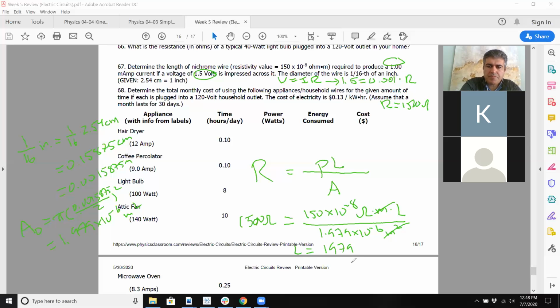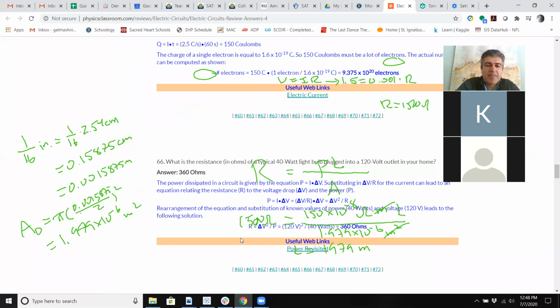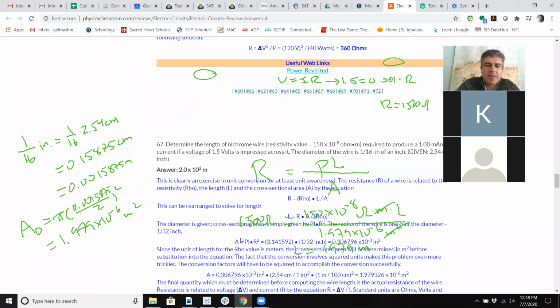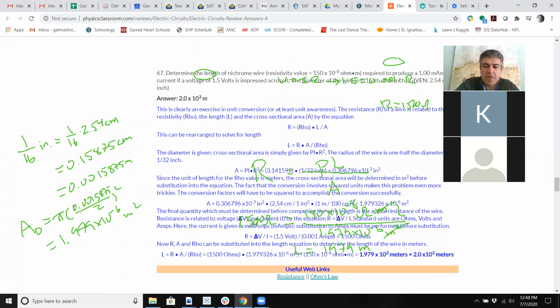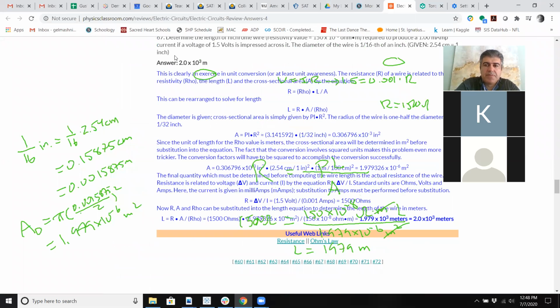I have to double check the answer here, but this seems like a really long wire, so let's check out the answer key. No, that's about right. So it's about 2,000 meters.